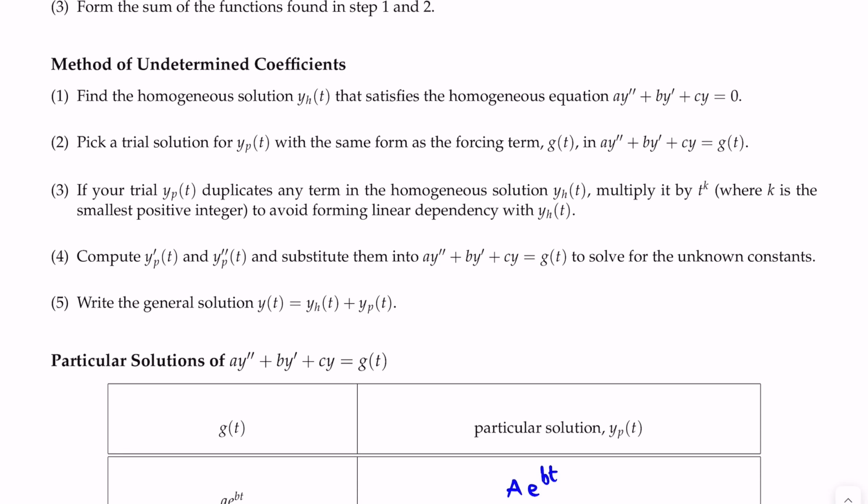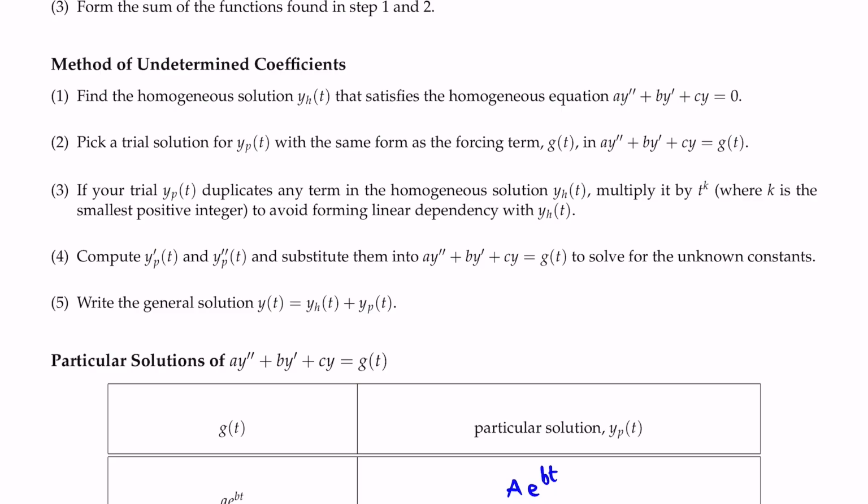If your trial solution duplicates any term in the homogeneous solutions, multiply it by t to the power k, where k is the smallest possible integer, to avoid linear dependency with the homogeneous solutions. You may encounter this in our problems when using undetermined coefficients, so I will show you how that works and how to resolve it when we go to a specific example.